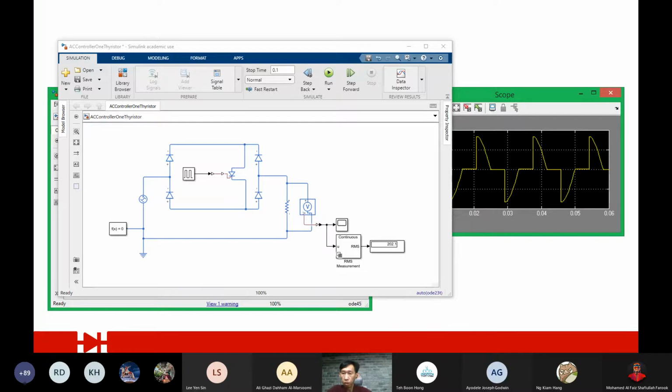Okay, anyone need invitation? Maybe you just type in the chat box while I'm waiting, for you guys to show the Simulink.